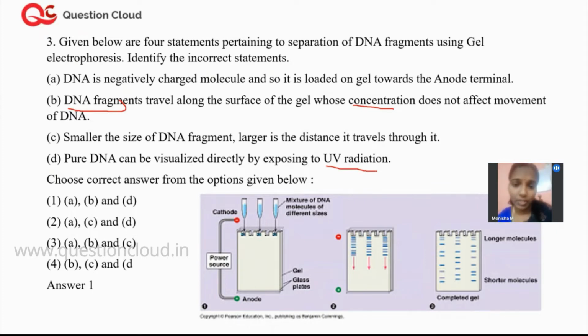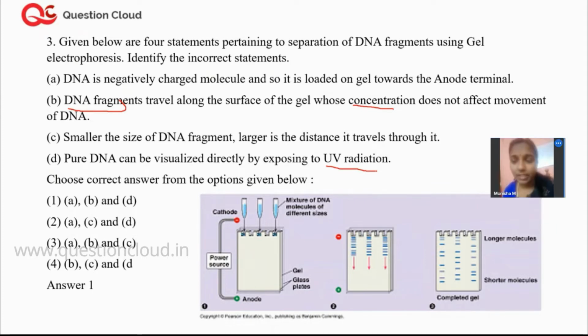Yes, it's called ethidium bromide. Very good. Ethidium bromide will give you an orange color when you look under UV radiation. So that is also the right answer. The incorrect option here is C. So among options 1, 2, 3, 4, the right option is option 1.